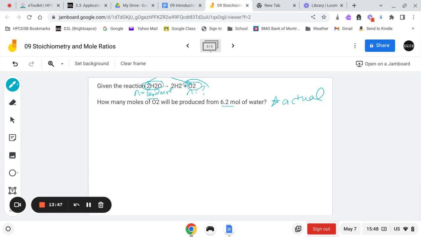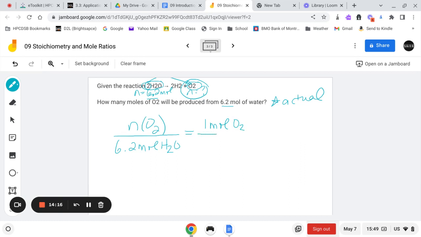So my unknown is oxygen. So I'm going to say, well, I don't know what the actual mole value of oxygen is. I do know I'm starting with 6.2 moles of water. That's my known. And remember, on the other side, we put the coefficients for those substances, and they have to match. So if my unknown is oxygen, then I need the mole coefficient for oxygen on the other side.